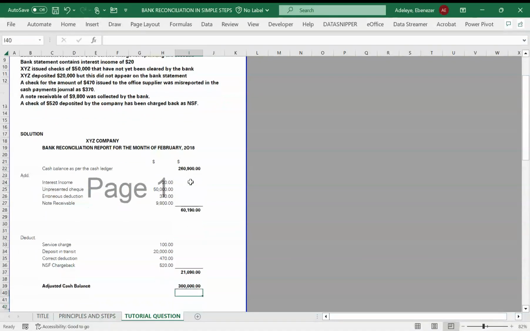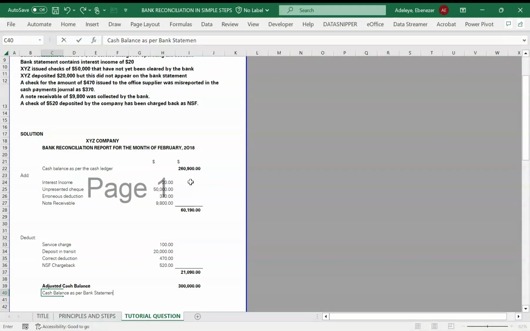The next thing to do after having the adjusted cash balance, also the second part of step three, is to compare it with the bank's cash balance. So I'll put cash balance as per bank statement, which is what we are reconciling towards.